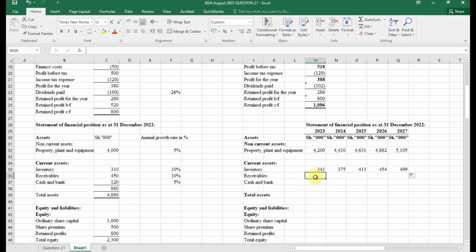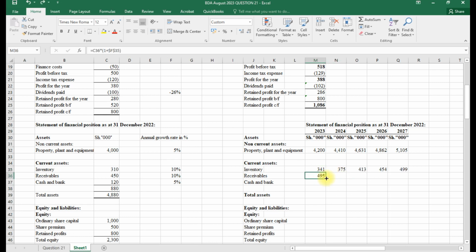And the second one, for this one, the rate is the same. It will grow by 10%. Yeah, the rate is 10%, still it will grow by the same rate.